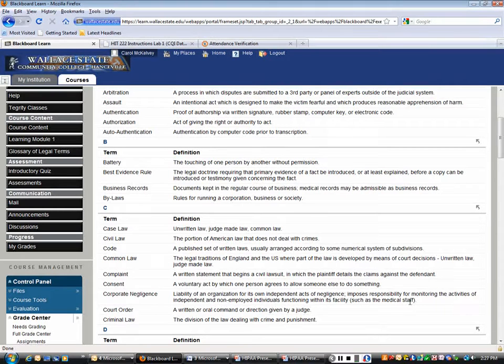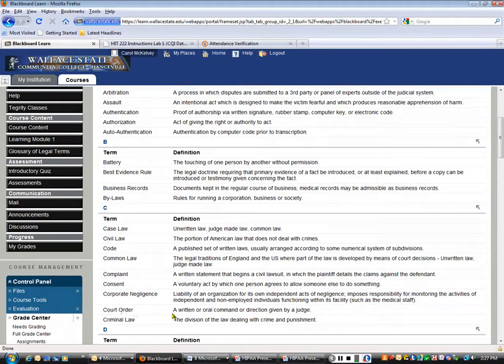They are independent contractors who bring patients to the hospital, who use the hospital, but they don't work for the hospital. So if a corporation such as a hospital was held liable for the negligent acts of medical staff members, that's corporate negligence.